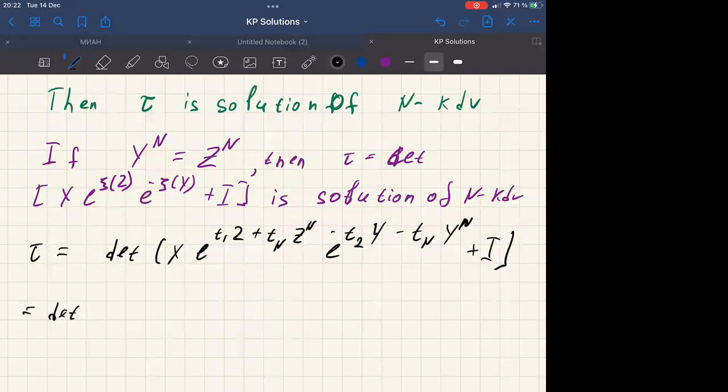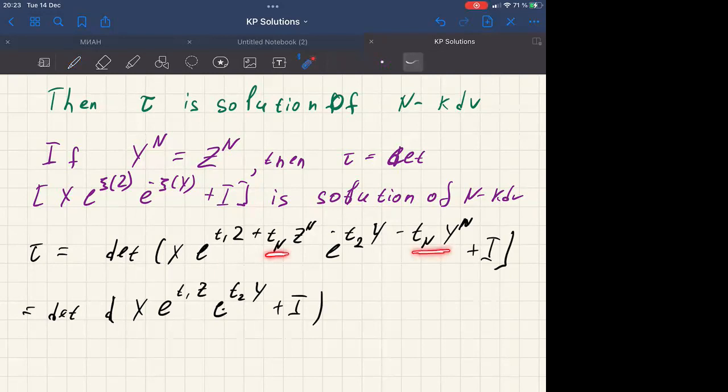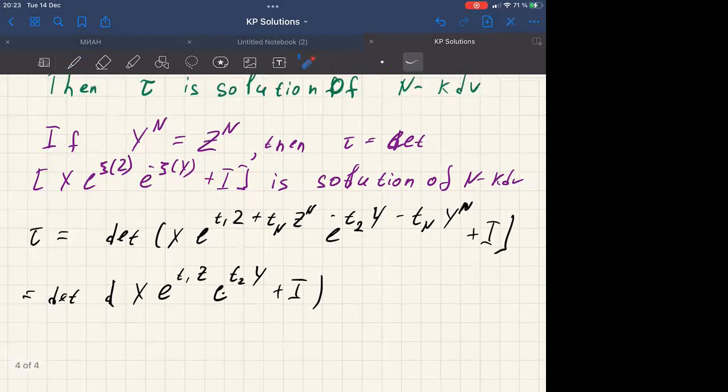Equal to the determinant of x, e1 z, e, y plus e, and this will be for any indices, which are, instead of n, we could take just 2 and 3 and etc. So I'm sorry.